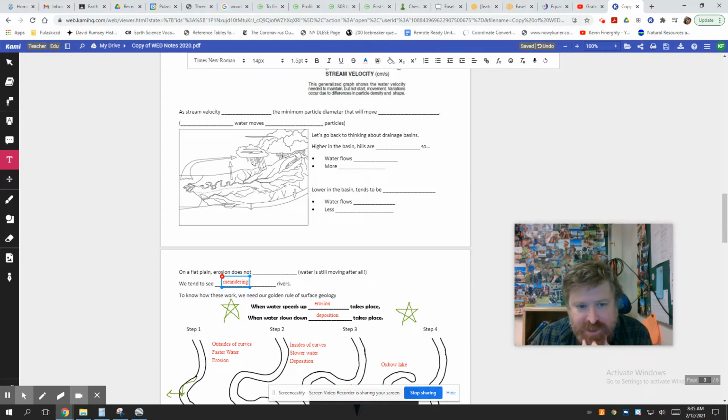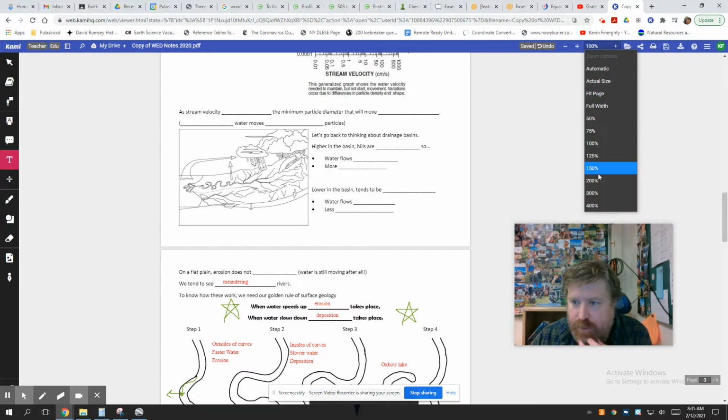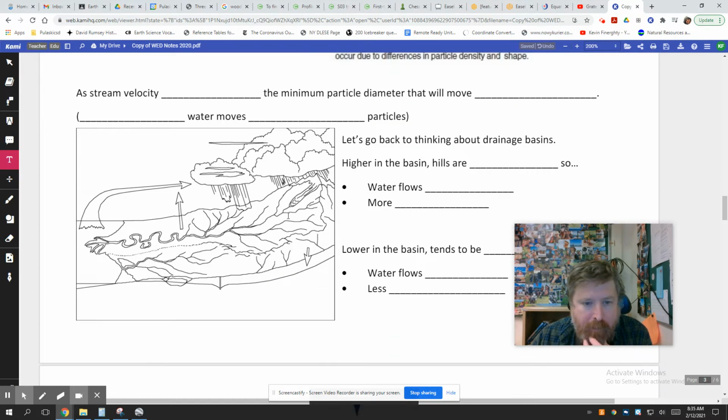Lower in drainage basins tends to be flatter. If you remember this whole deal, that we call an area of land drained by a stream system a drainage basin. So higher up, steeper, faster water, straighter streams. When you get down towards the bottom of the drainage basin, towards the mouth of the river, it tends to flatten out, and that's where you're going to get meandering and oxbow lakes and things like that.